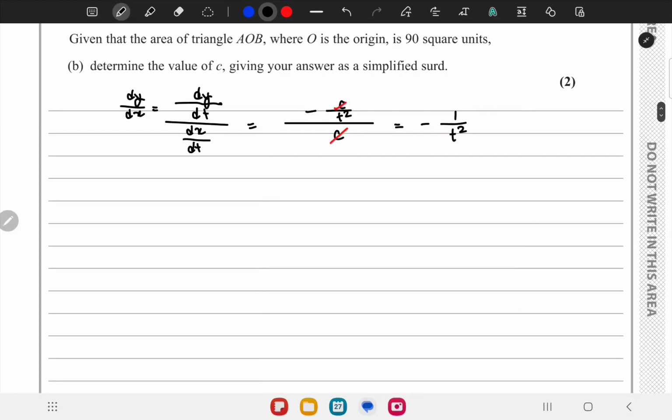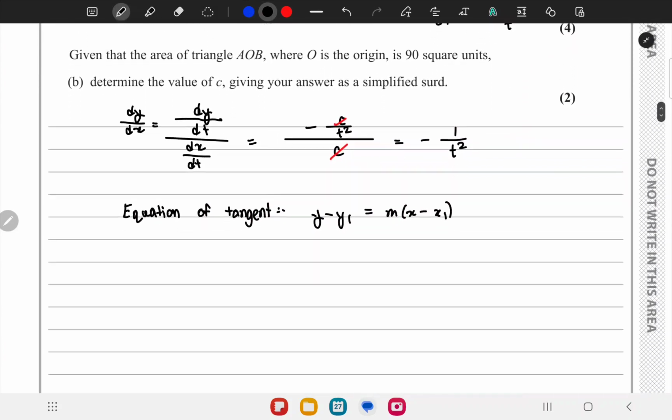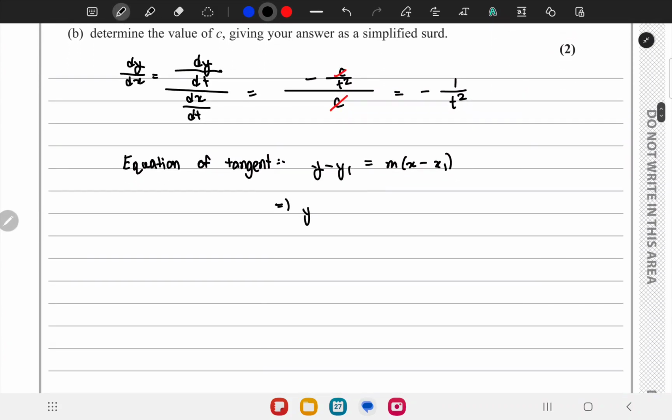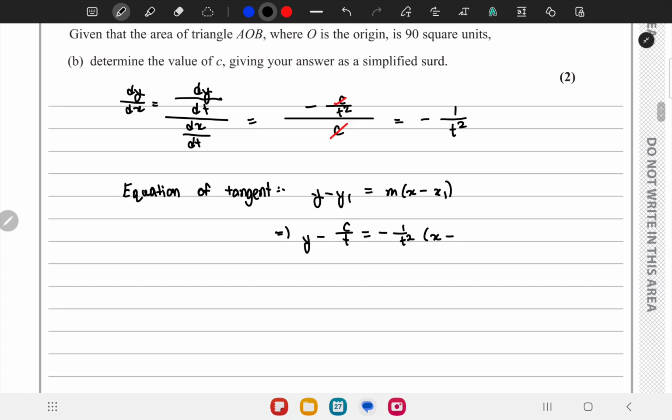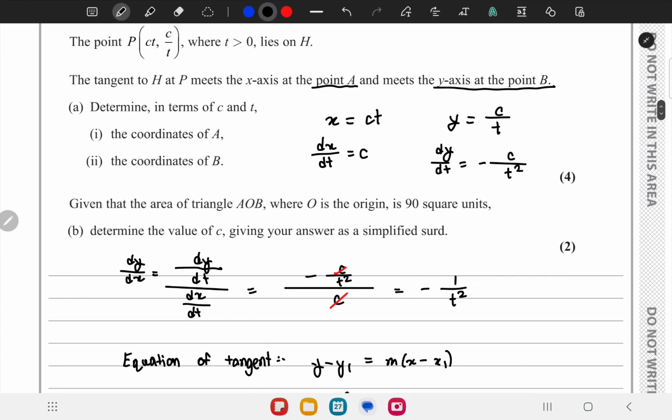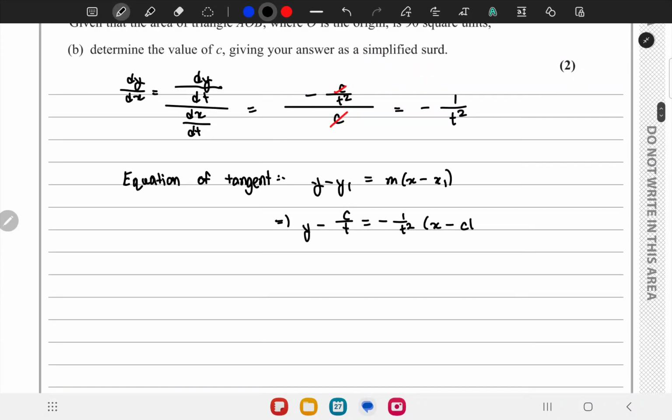Now the equation of the tangent we can write as y minus y1 equals m times x minus x1. In this case y1 would be c by t, so y minus c by t equals the gradient, which is minus 1 by t square, times x minus x1, and the general point is ct, so x minus ct.